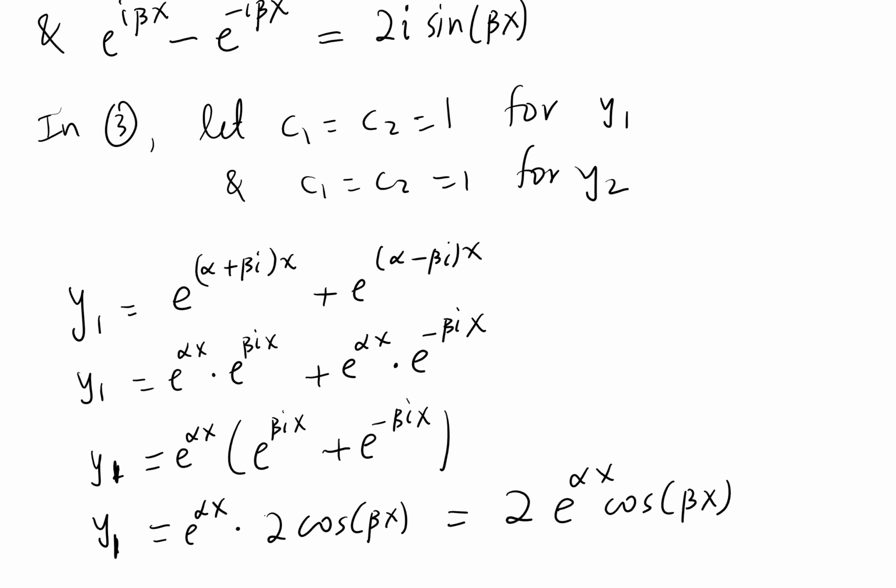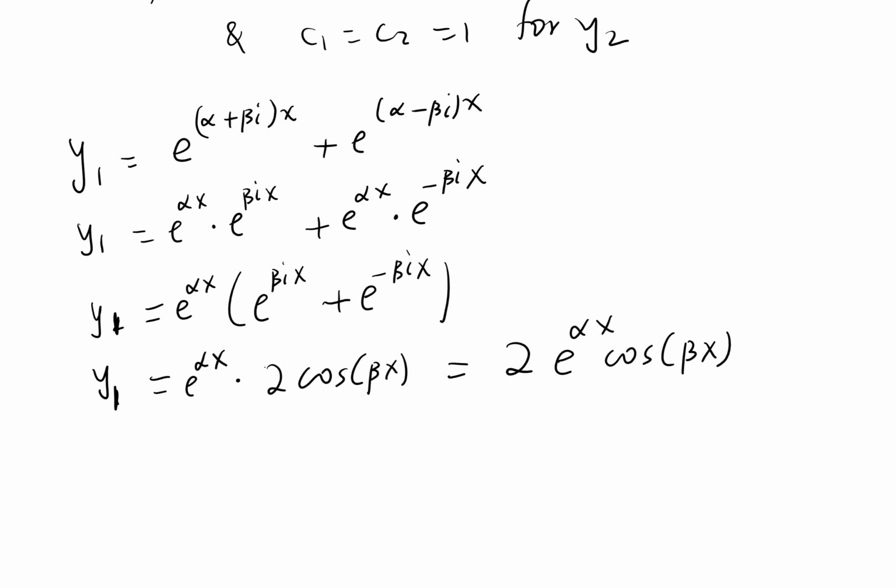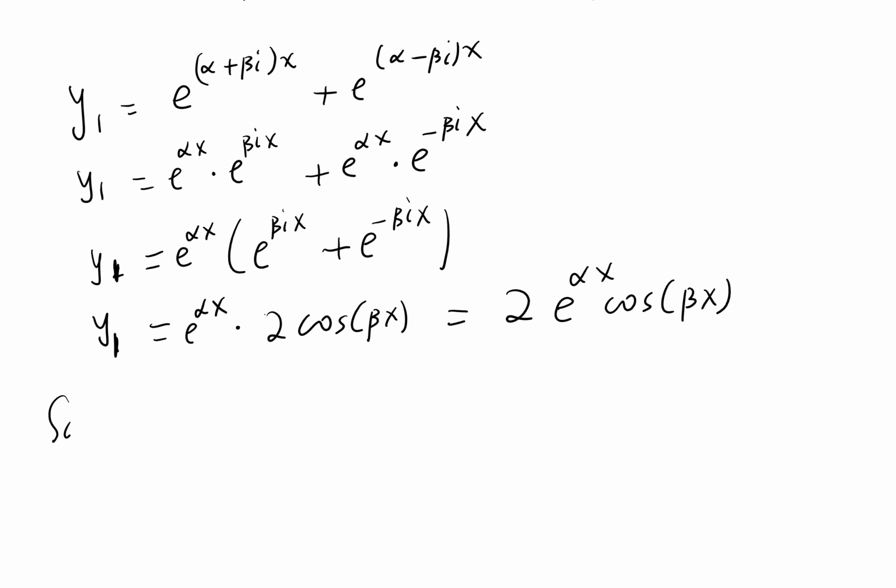That's for y1. We can do the same thing for y2: e to the alpha plus beta i x minus e to the alpha minus beta i x. That's y2, the conjugate of y1.